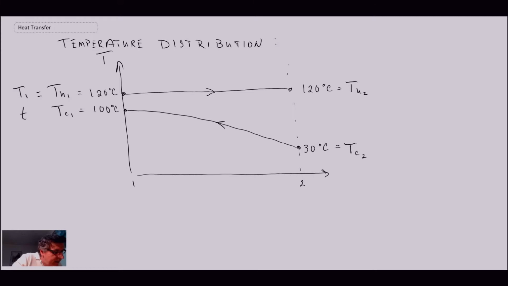But essentially, these are the temperatures for the fluid streams that will enable us to determine that F factor. Okay, so notice we have this, this, this, and this. Those all lead to the F factor.